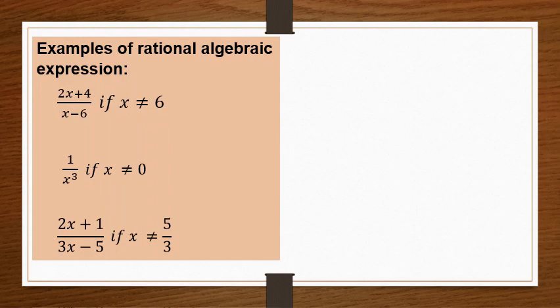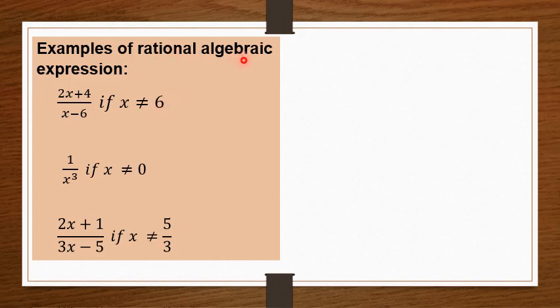Examples of rational algebraic expressions. We have (2x plus 4) over (x minus 6), if x is not equal to 6. Why do we need to do this?